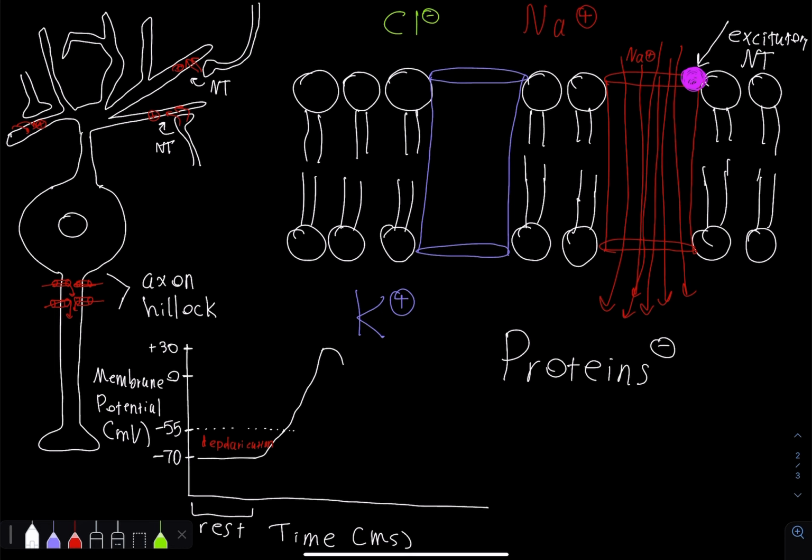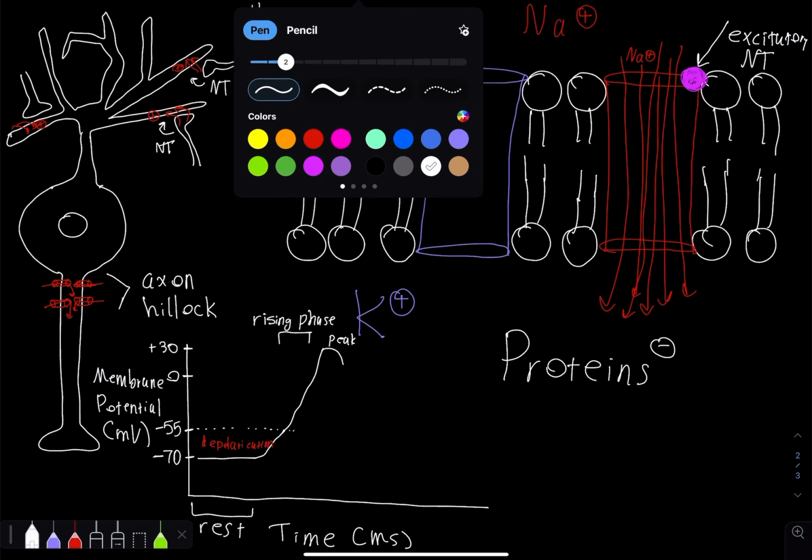The stage that we've talked about is called the rising phase. This is where sodium enters the cell and we depolarize. Then we have the peak, which is over here. Now, what happens at the peak? At the peak, there's a certain protein. Let's do it in blue.